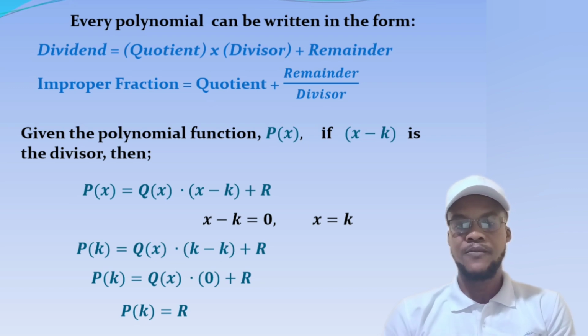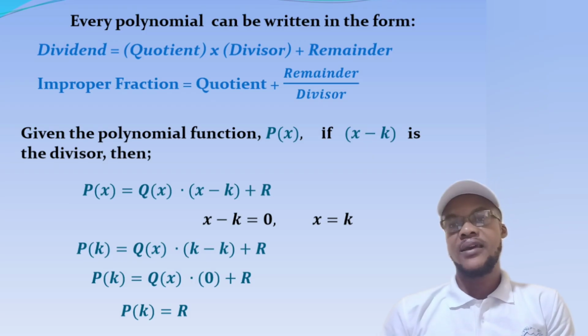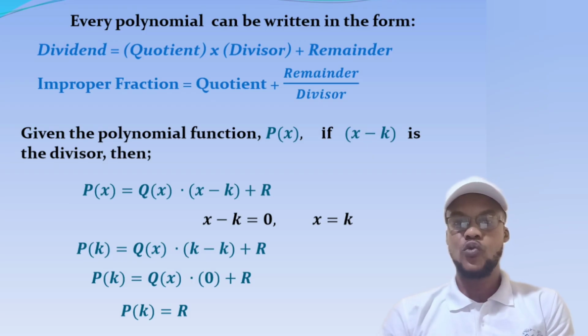And what did I say? The r is the remainder. So when we talk of the remainder theorem, that is when we divide any polynomial function this way, definitely you are going to be left with a given number, and that suggests the remainder theorem. Have you got it?